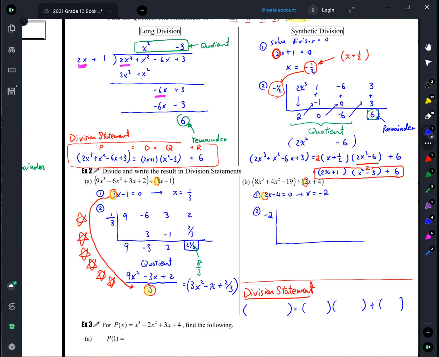Evan, can you tell us what number we put inside for the dividend? Evan, are you there? Can you hear me? How about you, Waylon?